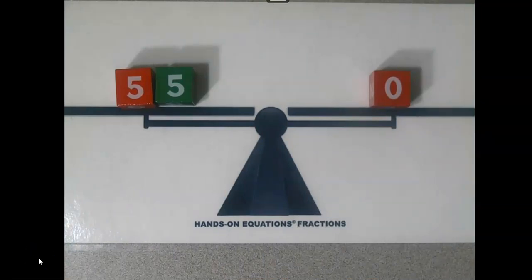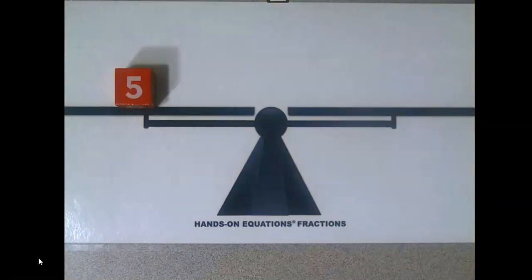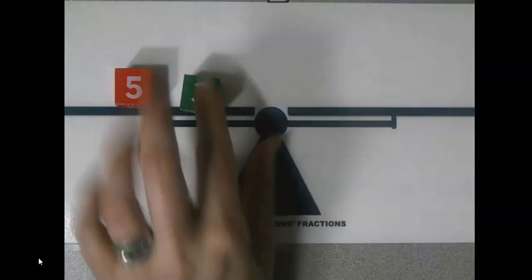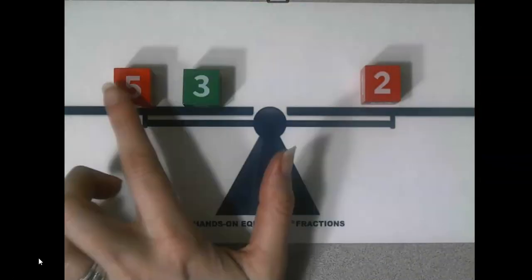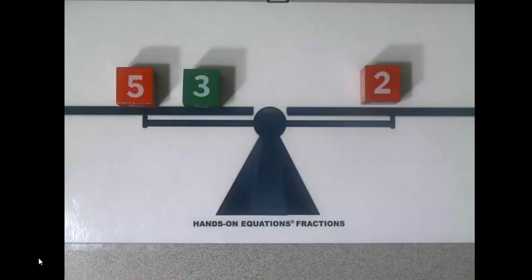Now our cubes will not always cancel each other out. So if I am given a red 5 and a green 3, that leaves me with a red 2. So I am taking this negative away from my positive 5, leaving me with positive 2.